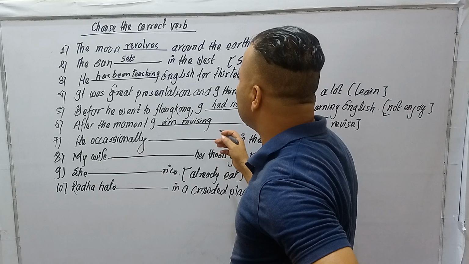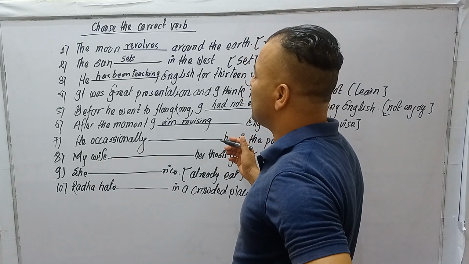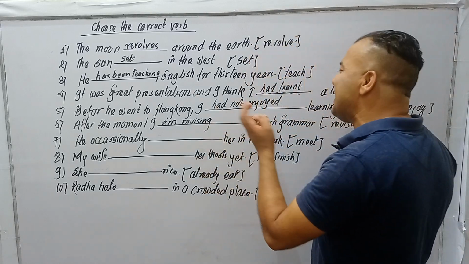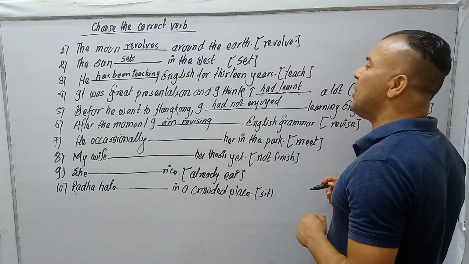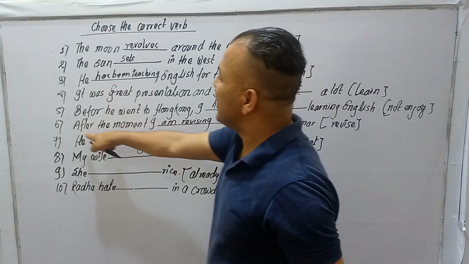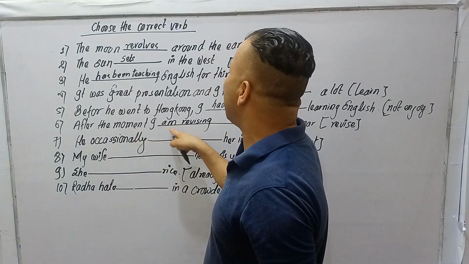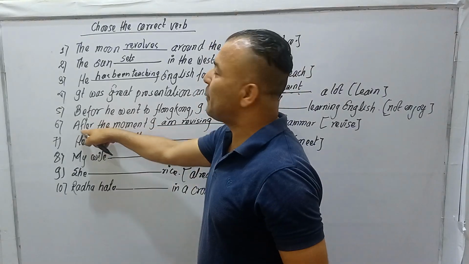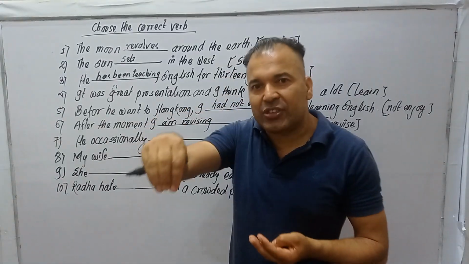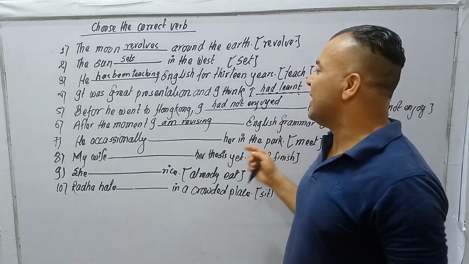I am revising. After the moment, I will revise English grammar. You have to use after the moment I am revising English grammar. It indicates a certain time. That's why I am revising. After some time, the action is going on continuously. That's why I am revising English grammar.